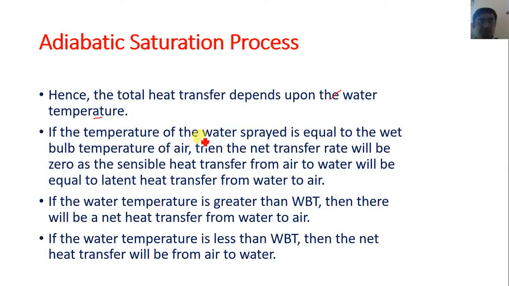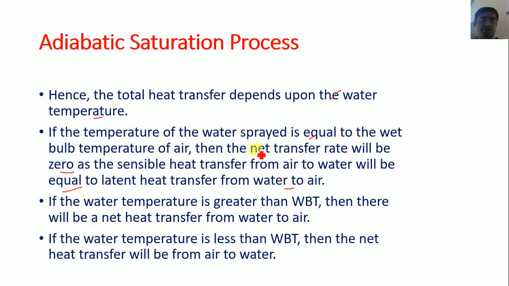If the temperature of the water spray is equal to the wet bulb temperature of the air, then what happens? The net transfer rate will be 0, as the sensible heat from the air to water will be equal to the latent heat transfer from the water to air.